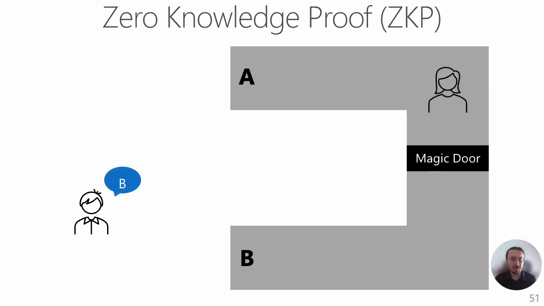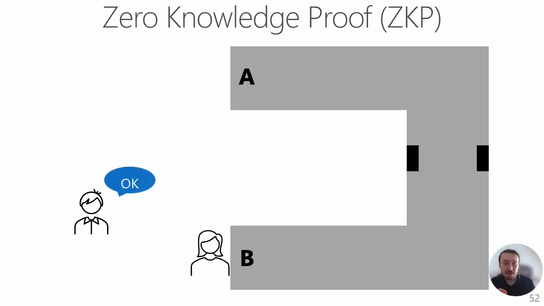Then Bob selects the entrance by which he wants Alice to return. In this case, Bob selects the entrance B. Providing Alice knows the magic word, she opens the magic door. And then she returns along the desired path, in this case, path B.